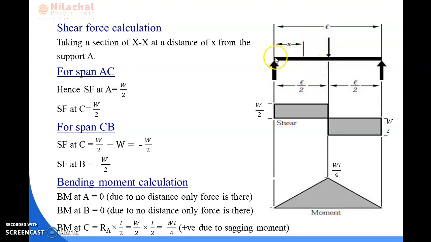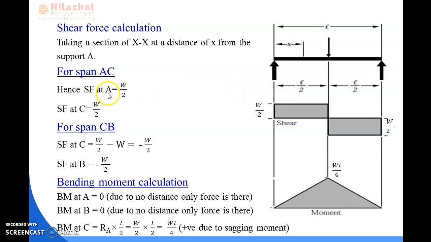The first is from A to C, and the next section is from C to B. In case of span AC, we have to calculate the shear force at point A and then the shear force at point C. Similarly, for the second section, from C to B, we need to calculate the shear force at point C, and next the shear force at point B.